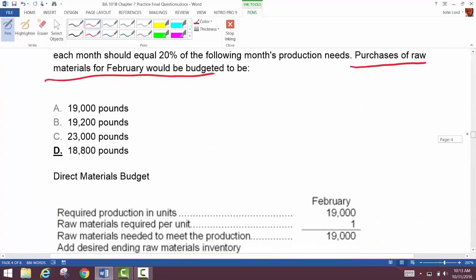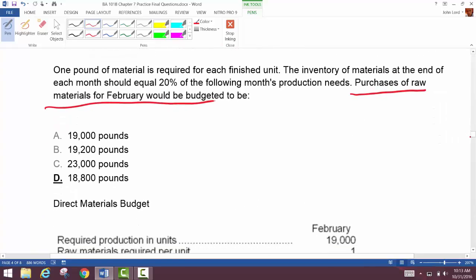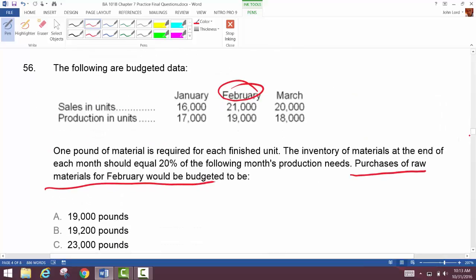And so the question becomes, how much material do I need to meet my February production budget? You should have 20% of January's already there, right? As a beginning balance, you mean? Yes. I'm thinking as a beginning balance, I should have 20% of February's, right? Right. Not January's? Oh, yeah, sorry.